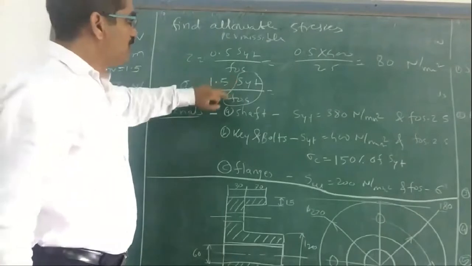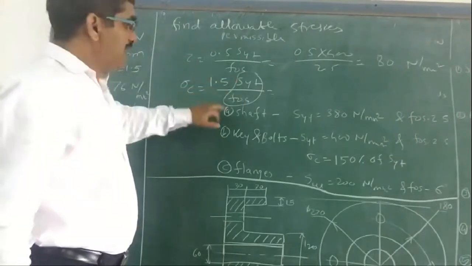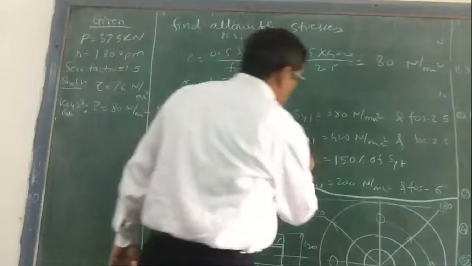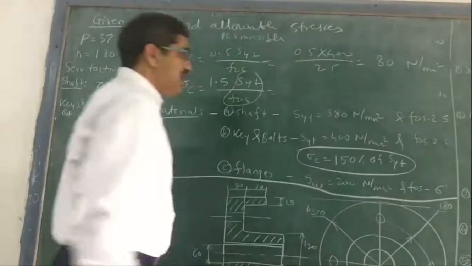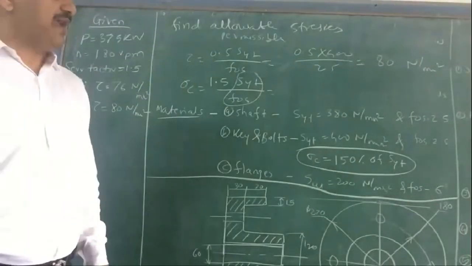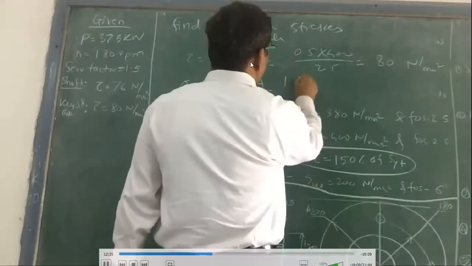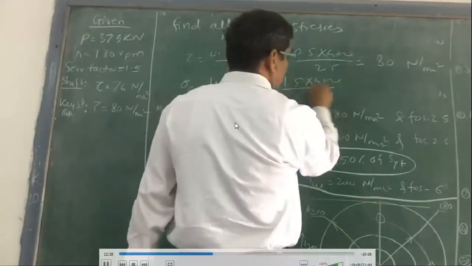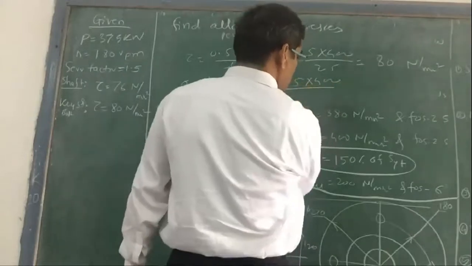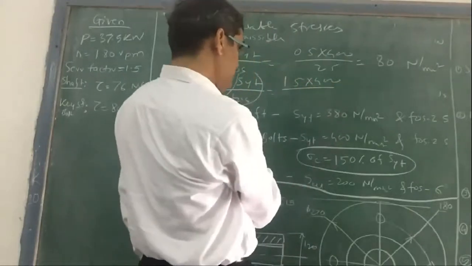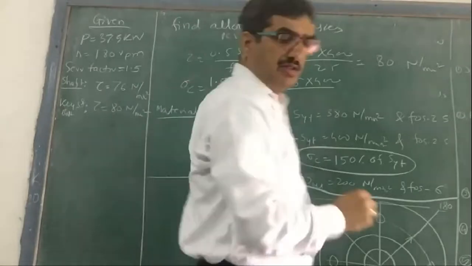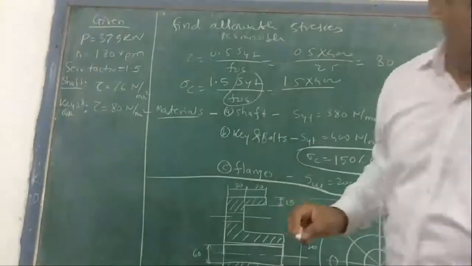Sigma T is equal to SYT upon factor of safety, multiplied by that 1.5 because they have given that the compressive or crushing strength is 1.5 times the SYT, right? So we calculate 1.5 into 400 upon the factor of safety given for sigma c. I think it is given as 2.5 only. Yes, 2.5.